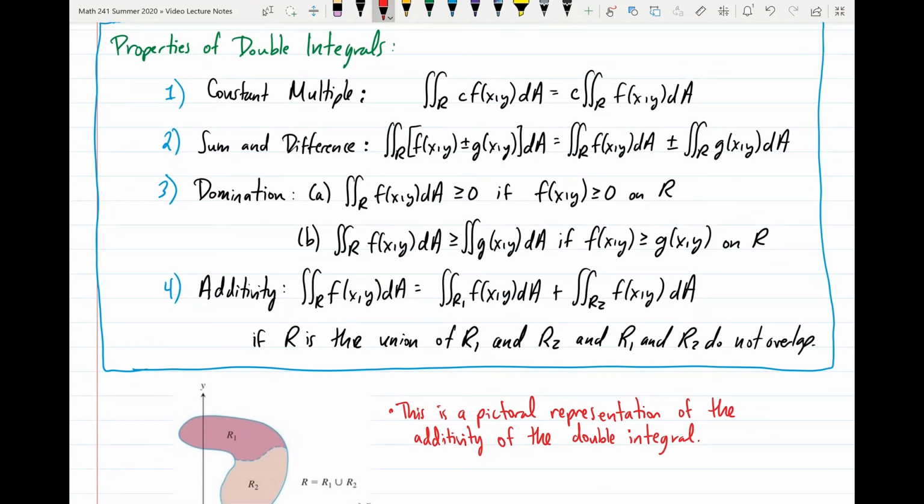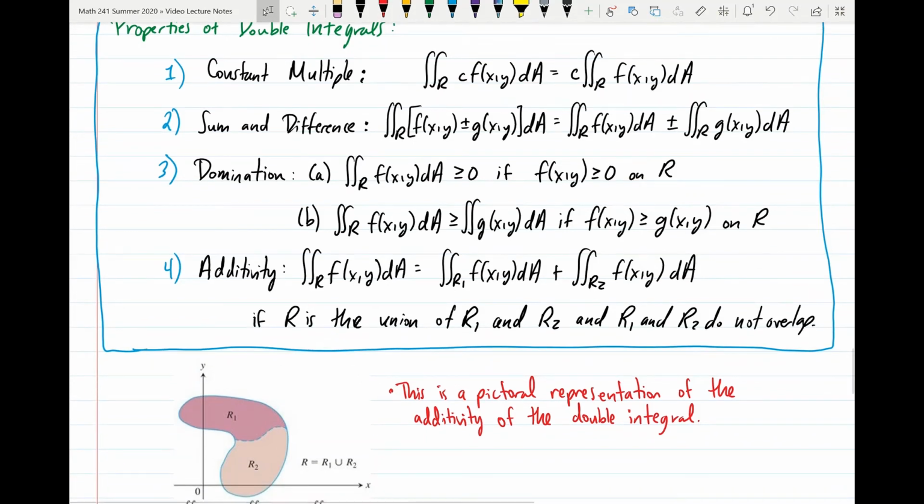So if you have two functions, f of xy and g of xy, and you add them together or you subtract them, and then you take the double integral over the region R, well, that's equal to the double integral of each of those functions added together or subtracted, depending on whether you add or subtract your two functions f of xy and g of xy inside of your original double integral.